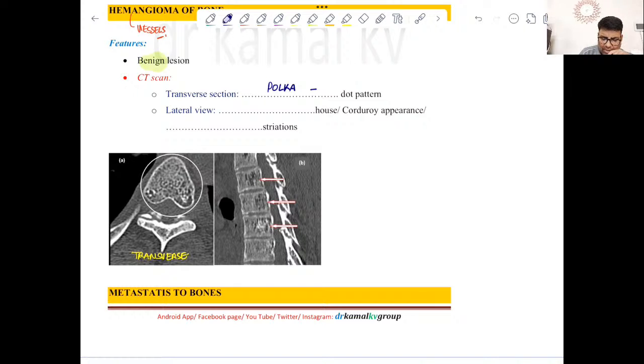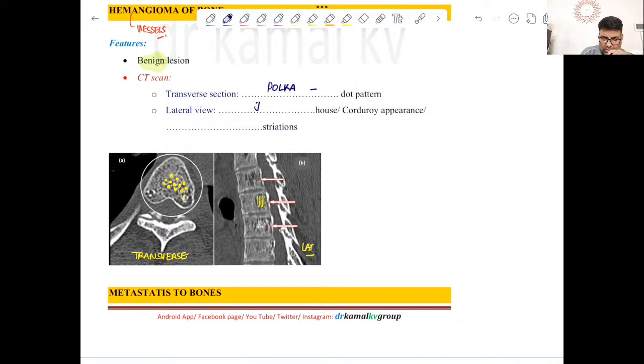And if you take a lateral view, right, so this is a lateral view. In lateral view, you will see multiple vertical lines, something like this, right? Here you are seeing black spots like this. So this is polka dot. Okay. And in lateral view, you will see transverse lines, which actually look as if it is a bar of a prison.